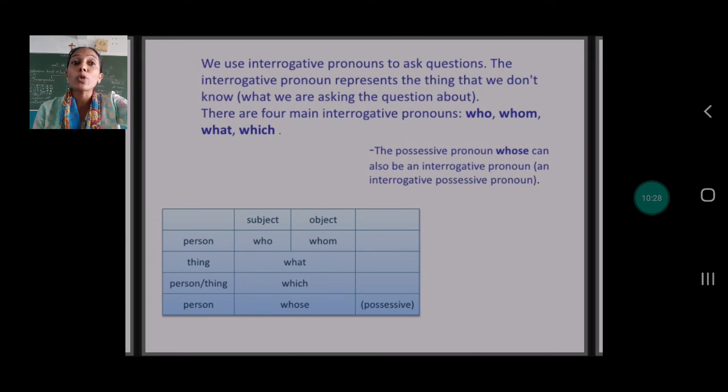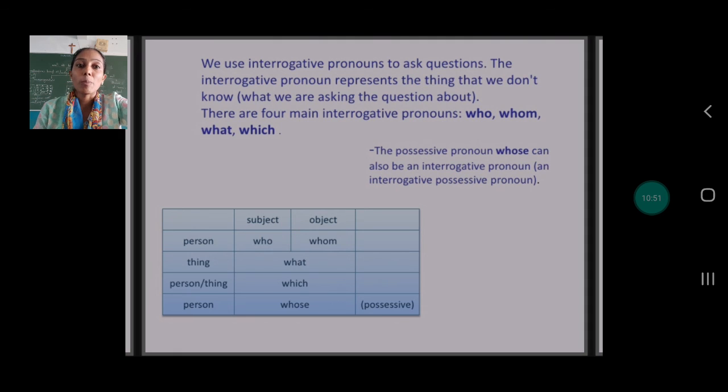The possessive pronoun whose. You remember before this I explained you the possessive pronoun. The possessive pronoun whose can also be an interrogative pronoun. Okay, keep in mind. The word whose was the possessive pronoun used to show us whose belongings. It can be also used as an interrogative pronoun.